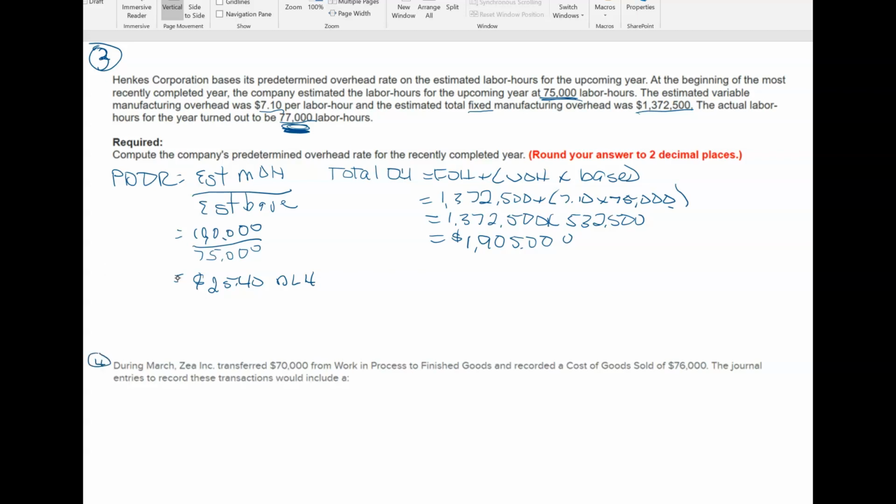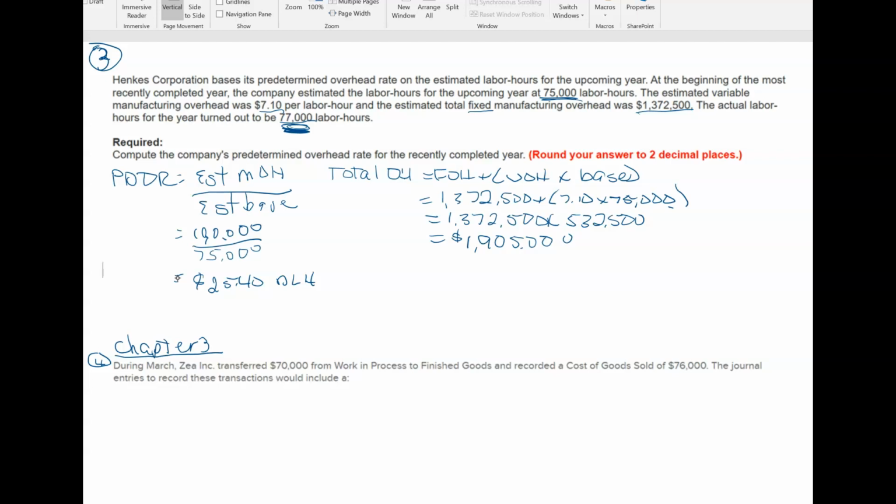Number 4 starts chapter 3, and this is a journal entry. The company transferred $70,000 from work in process to finished goods, and they also recorded cost of goods sold of $76,000. We need to prepare the journal entries for those two.